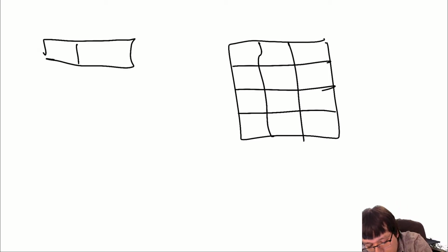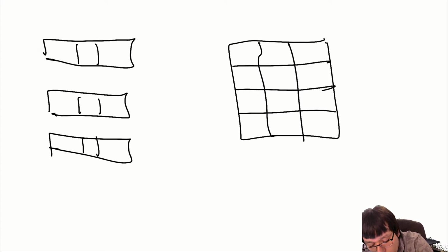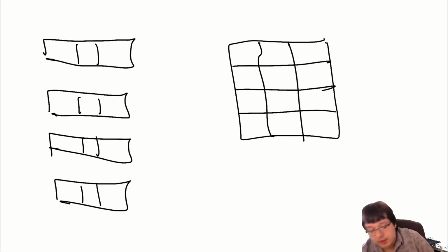Think of it as 4 rows with 3 items each, right? You need to make 4 new allocations, 1 per row. Okay? So how do we do that?